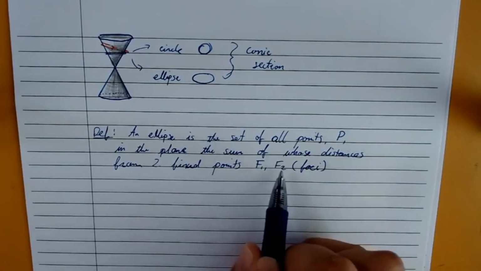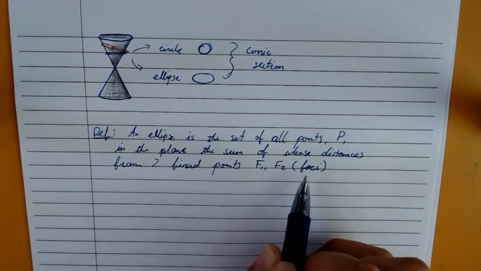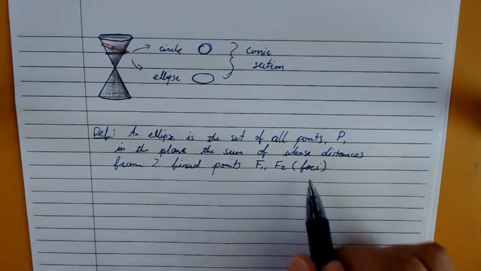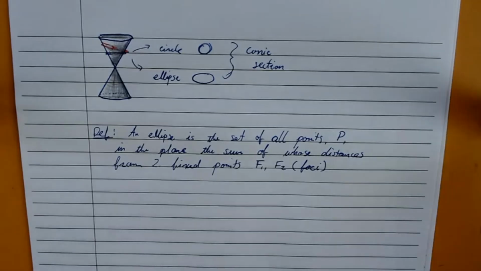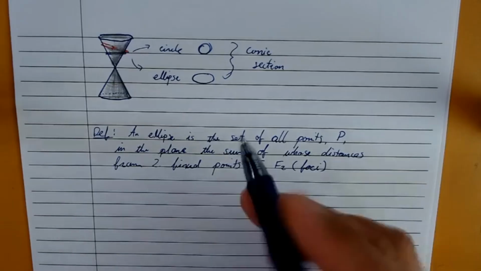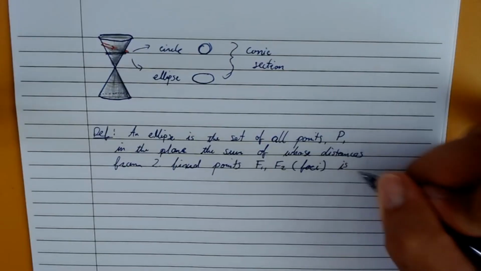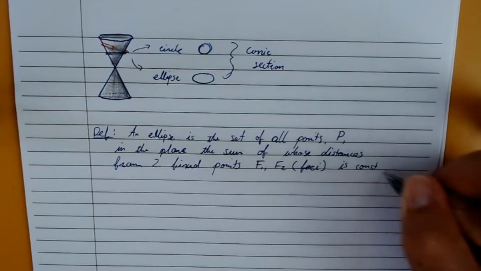One of them is called a focus. If you take more than one, the plural of focus is foci, or depending on how some people pronounce it, foci. Either one would be acceptable. So the sum of whose distances from two fixed points, F1 and F2, is always some constant.